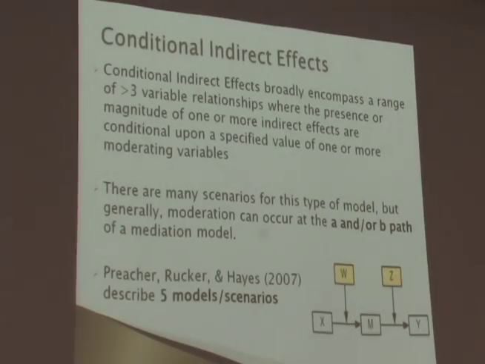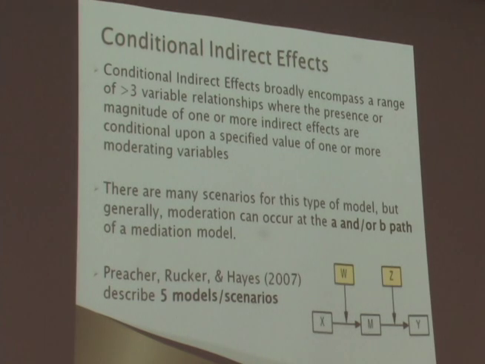So, conditional indirect effects. Conditional indirect effects broadly encompasses a range of greater than 3 variable relationships. This term was coined by Preacher, Rucker, and Hayes as a way to address the issues in the literature. Barron and Kenny and probably Muller and Judd were sort of the first to start talking about moderated mediation, and then other folks came in and talked about mediated moderation, and things started getting a little confused.